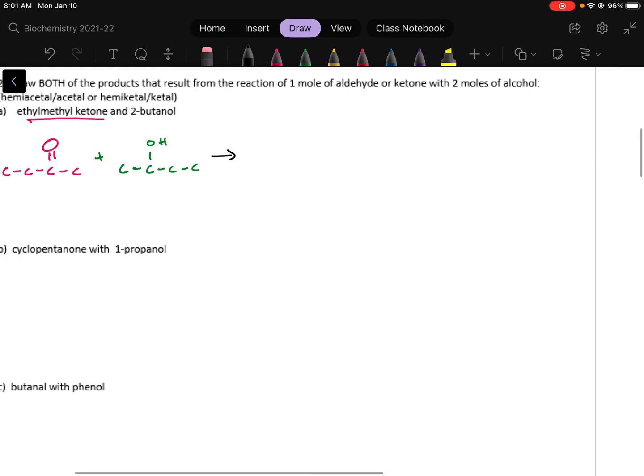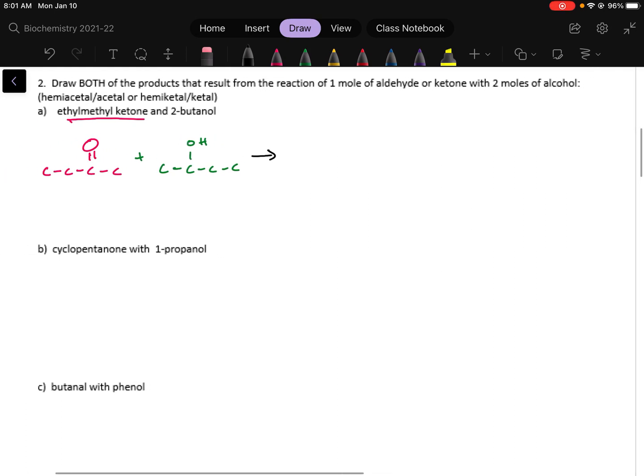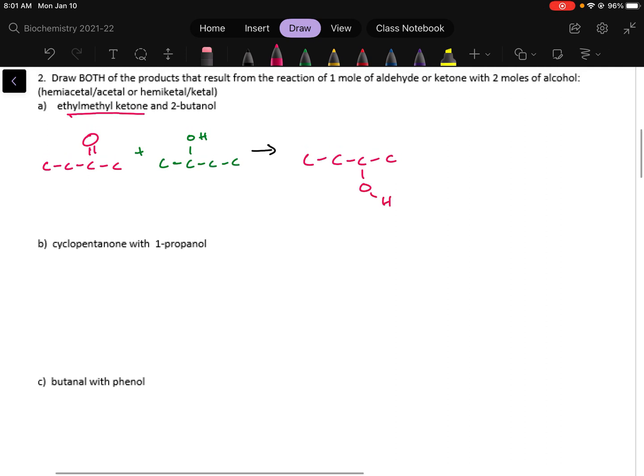We did talk about these. These form the hemiacetals and the acetals and the hemiketals and the ketals. In this case, we're starting with a ketone. So the first thing we're going to do is form a hemiketal, 1 equivalent of alcohol added. Then let's draw this down here. That's our original oxygen right there that forms the alcohol group.